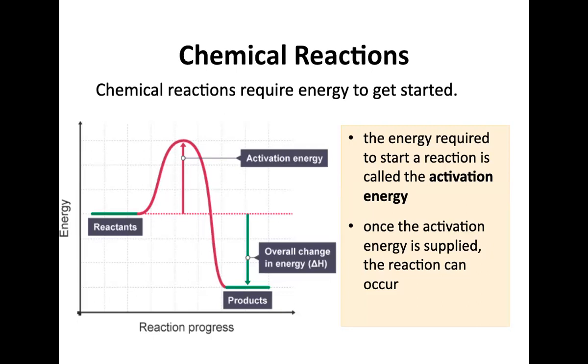Once the activation energy is supplied, then the reaction can happen. Okay? So on the left side, you see your reactants or substrates going in. Here's our activation energy that we need. And then once this happens and the reaction occurs, we get our final product.